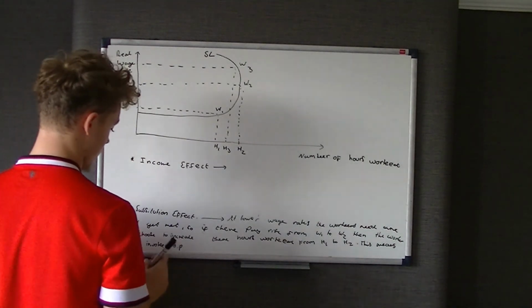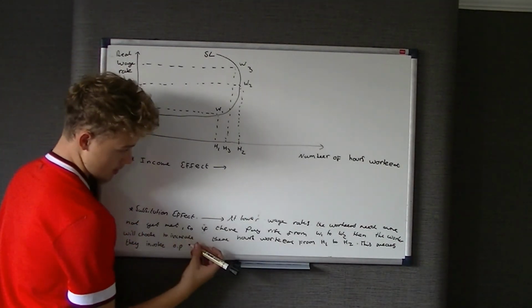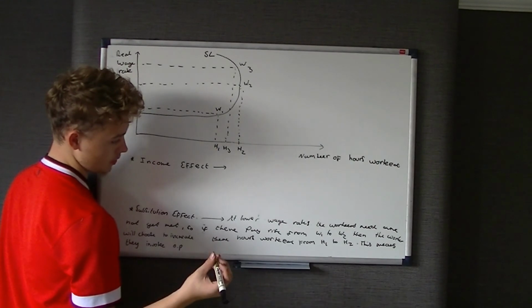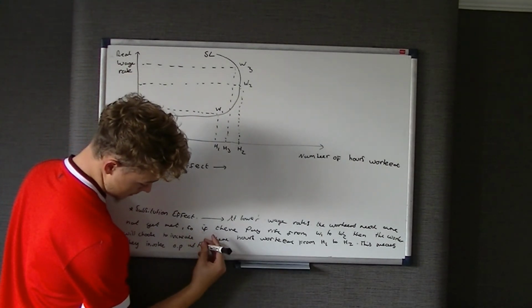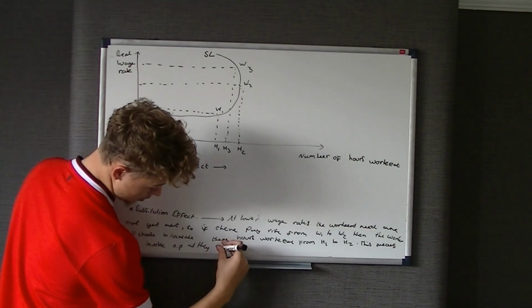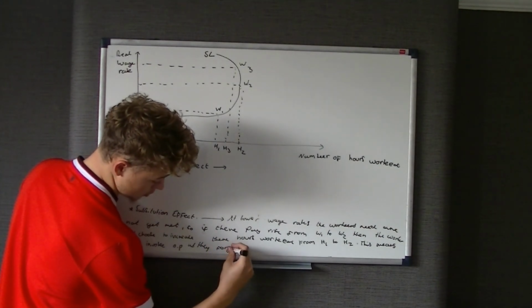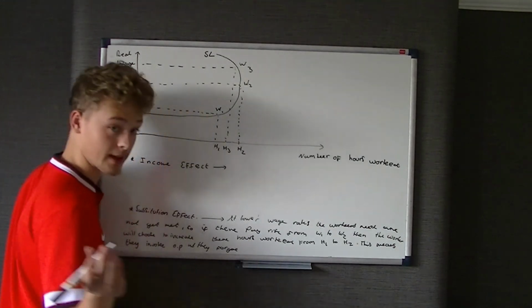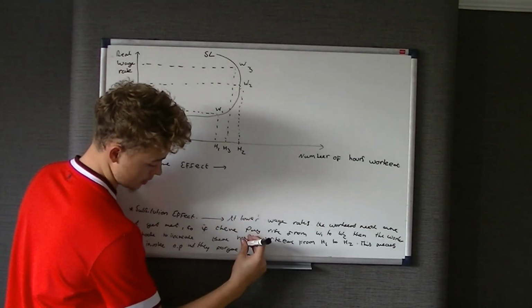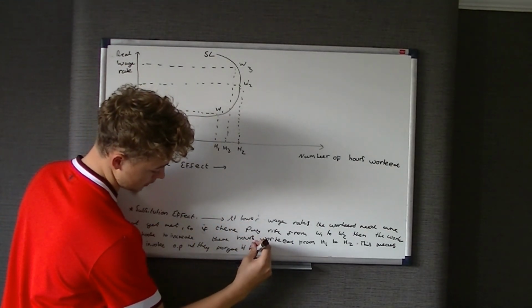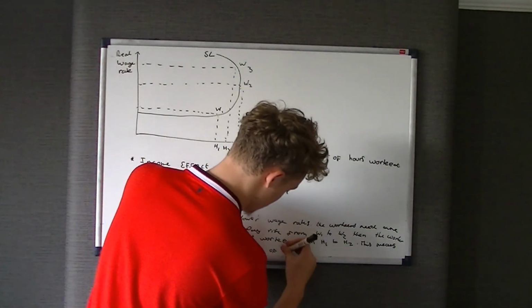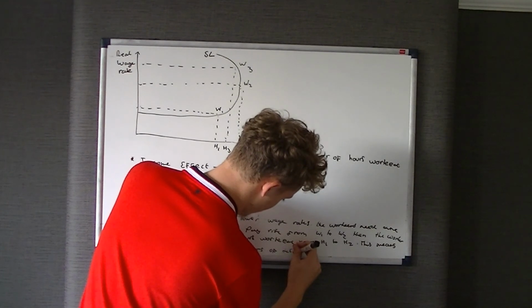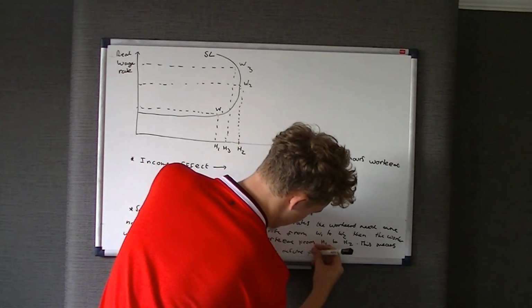This means they invoke an opportunity cost as they forgo however many hours they work, so H hours of work, they forgo H hours of leisure, for an increased income.